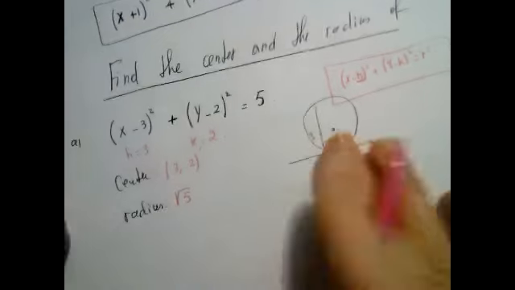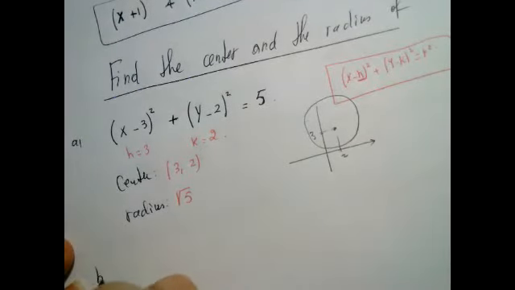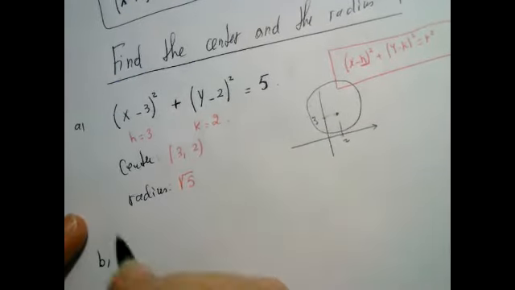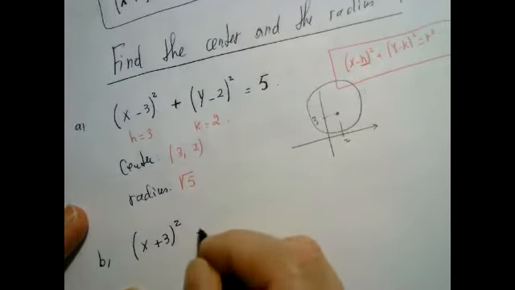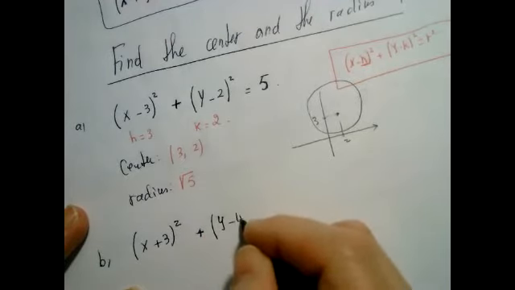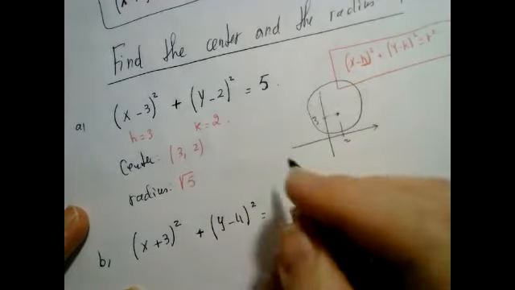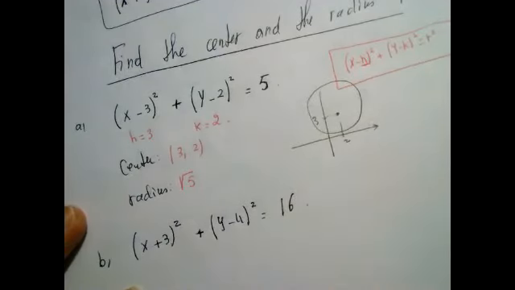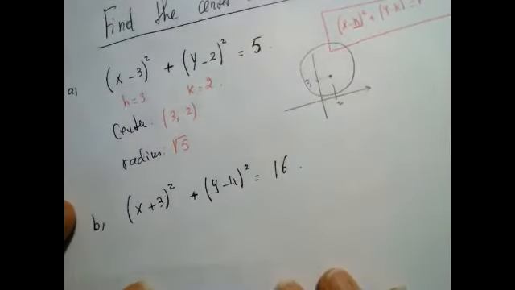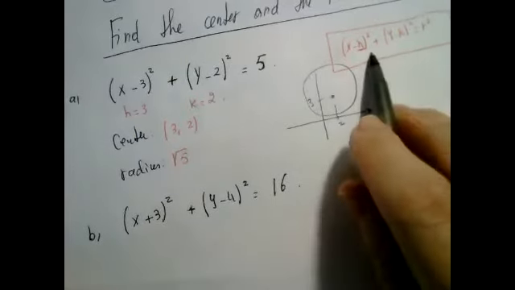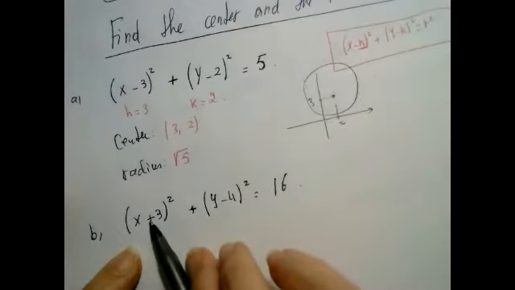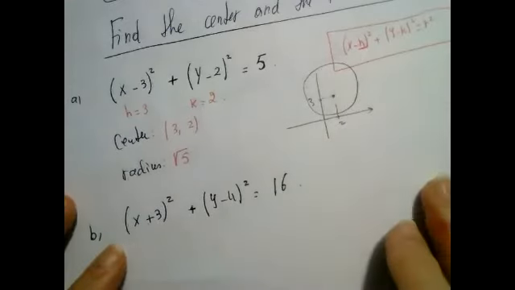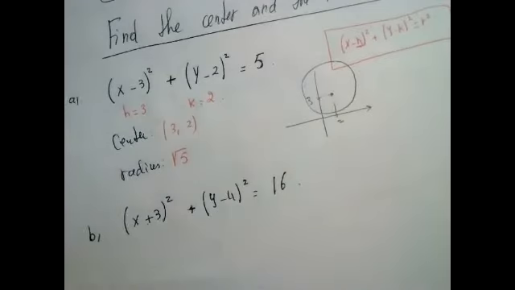Okay. All right, part B. I want the following equation: (x plus 3) squared plus (y minus 4) squared equal, I don't know, 16, let us say. Again, find the center and the radius and do it by analogy. What's playing the role of h here and what's playing the role of k here?